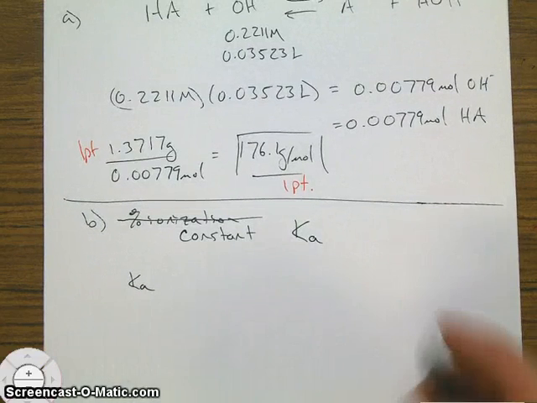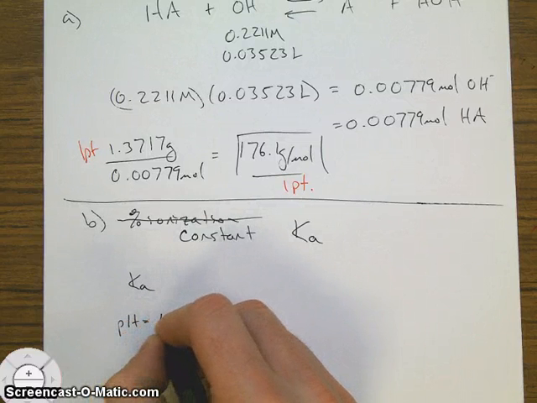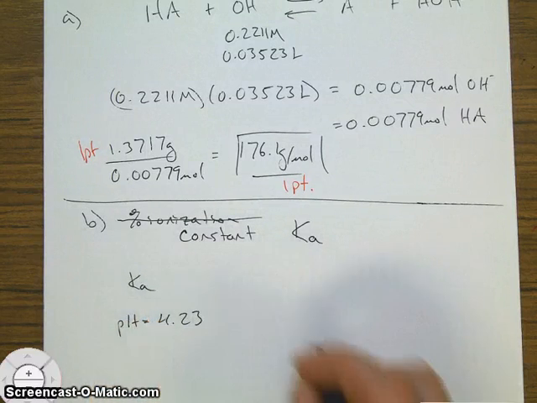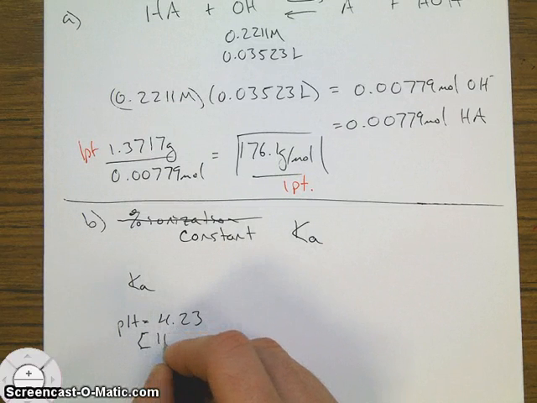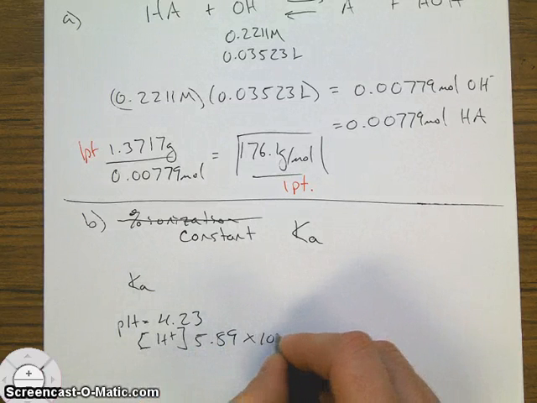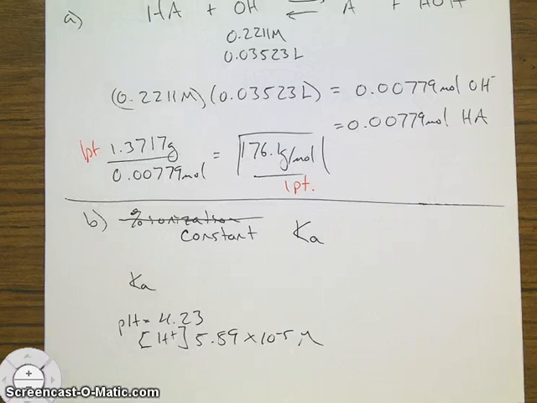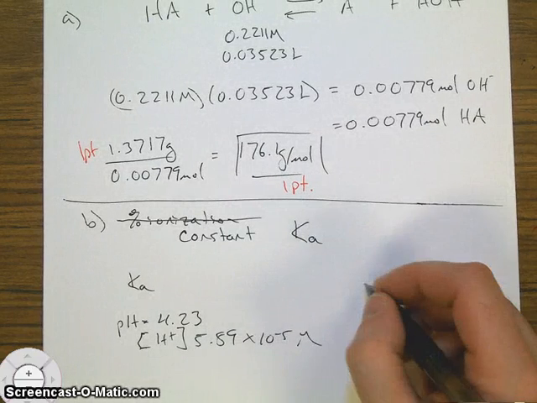The pH that they give you is 4.23, which we can do some math on and very quickly figure out that the hydrogen ion concentration at this point is 5.89 times 10 to the negative fifth molarity. Okay, so what is Ka? The only way to figure out Ka, of course, is by writing down an equation.